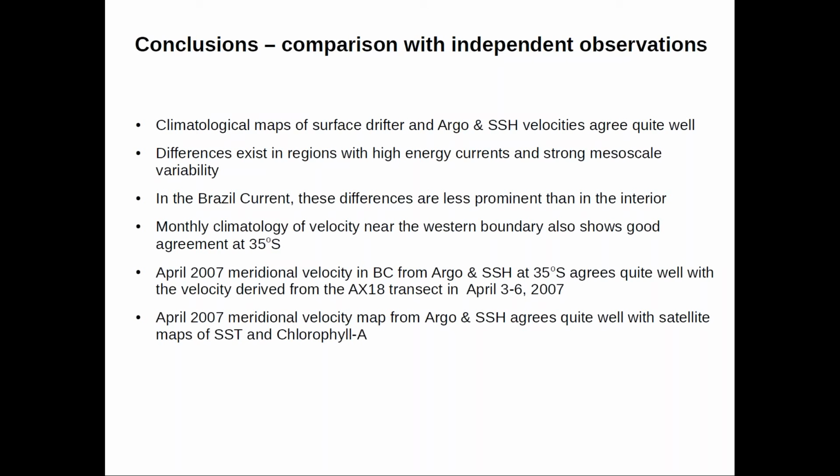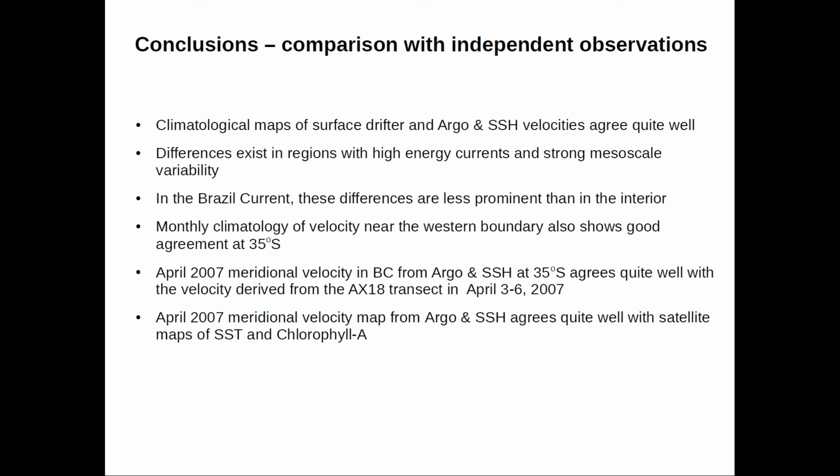Then I get into conclusions, comparison with independent observations. So the climatological maps of surface drifter and Argo and SSH velocities agree pretty well when it comes to structure, representing the major features of the circulation.